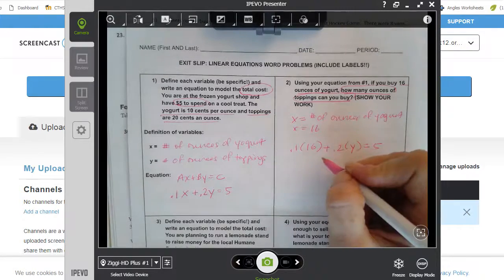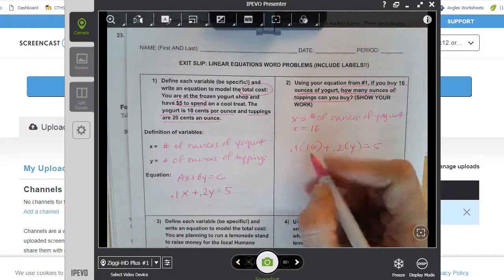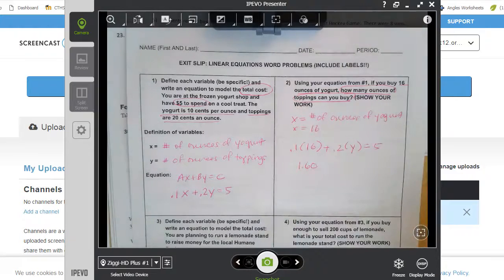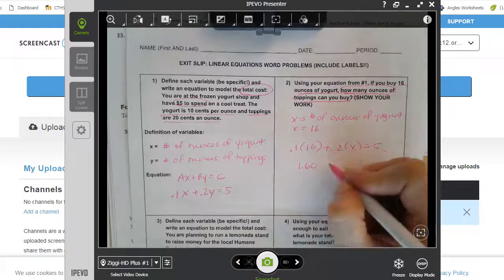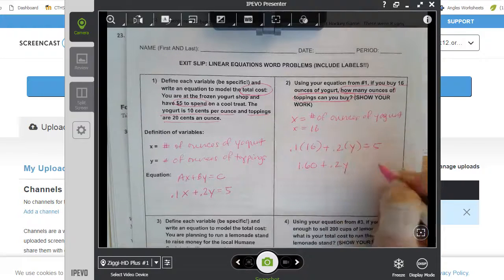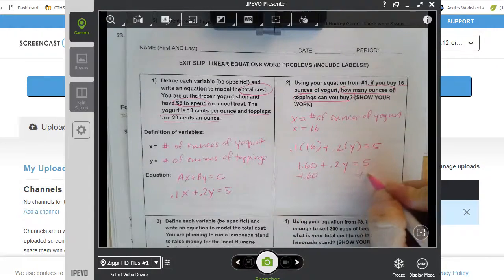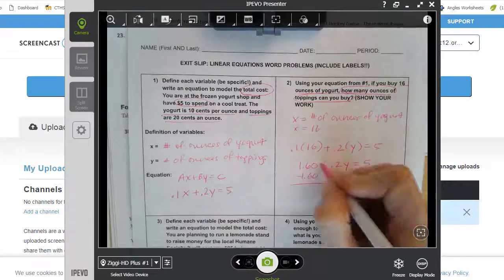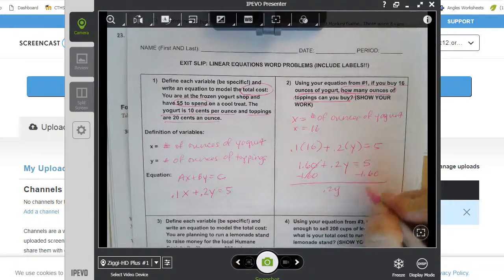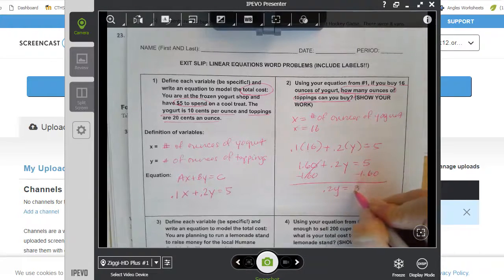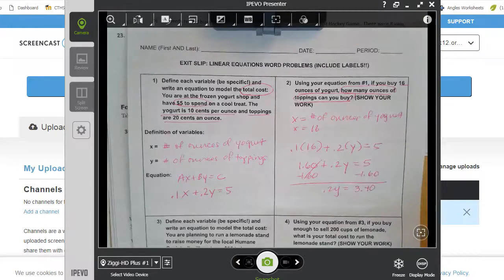So 0.1 times 16, that's going to move that decimal: $1.60 is what it's costing me for the yogurt, plus 0.2 times the number of ounces of toppings. I'm going to subtract $1.60 from both sides. I'll use some mental math here. 5 minus $1.60: I know 5 minus $2 would be $3, but this is $1.60, so that will be $3.40.